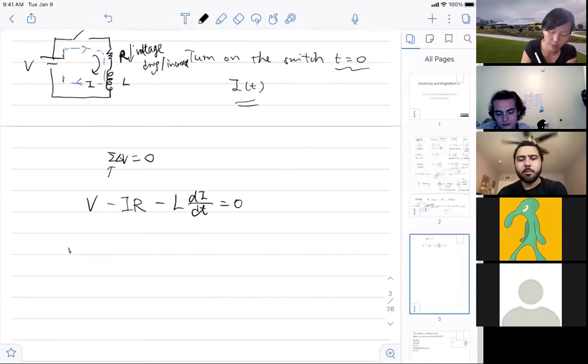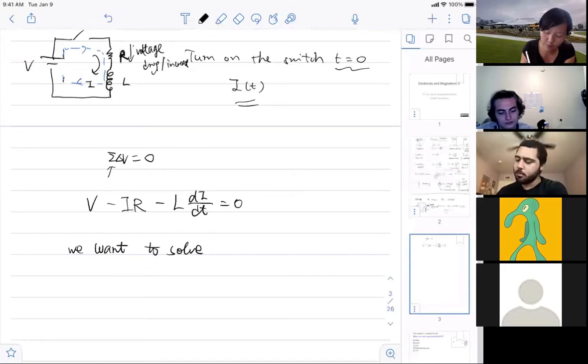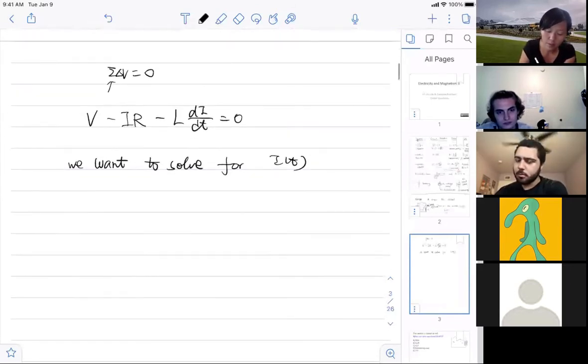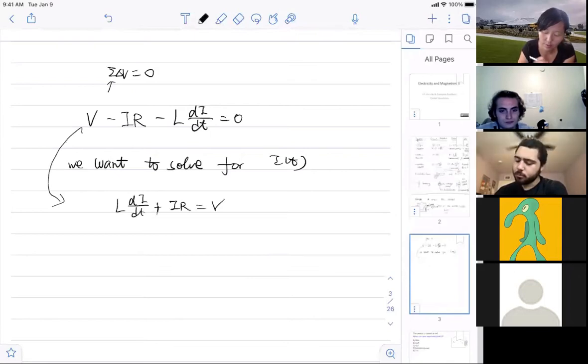We want to solve for I(t). Modify this a little bit: L di/dt plus IR is equal to V.